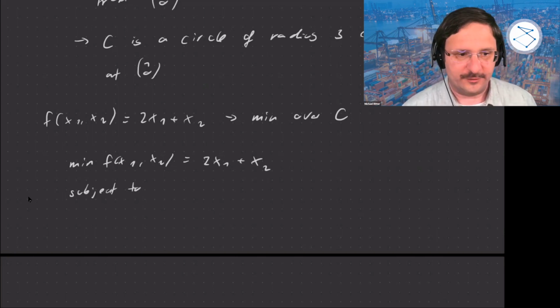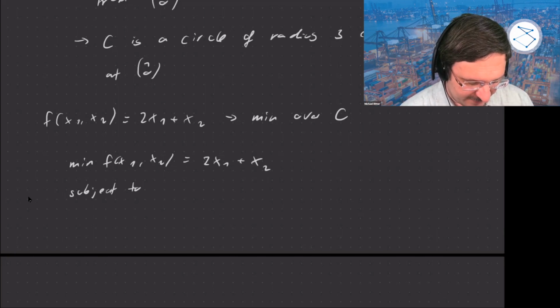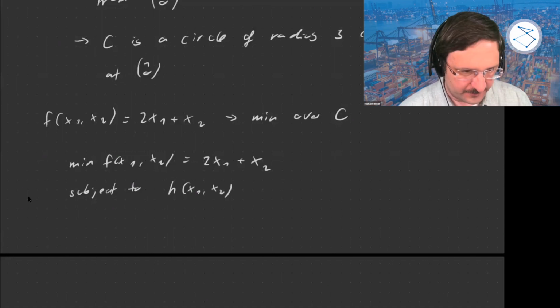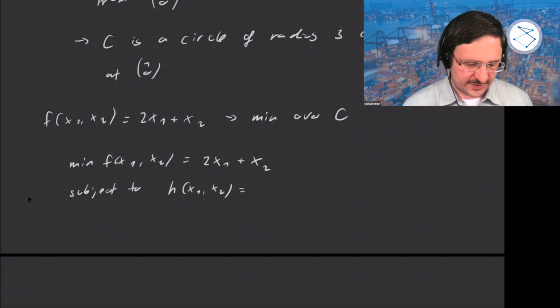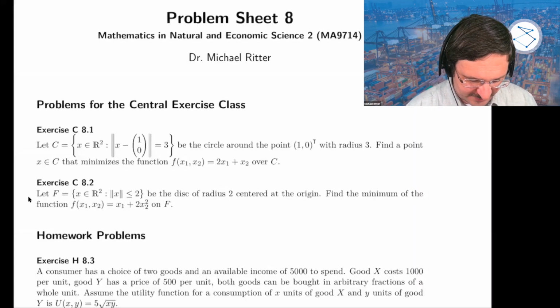In this case, we only have one constraint, and that is expressed as a function that we call h. That also depends on two variables, and that is the constraint function that expresses basically this distance constraint here.